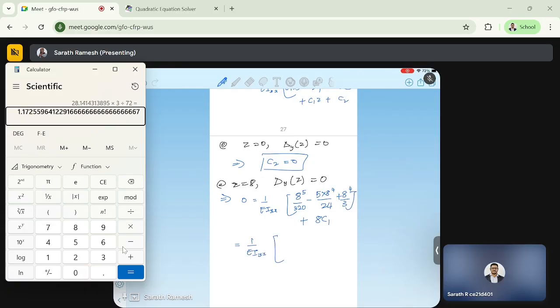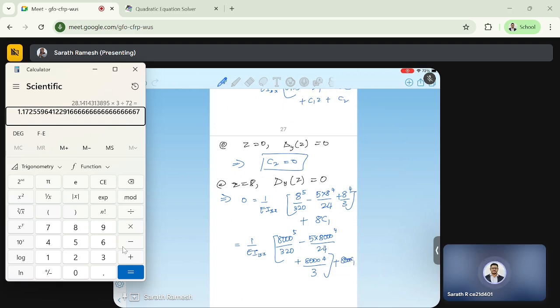EI xx: 8000 power 5 by 320 minus 5 into 8000 power 4 by 24 plus 8000 power 4 by 3 plus 8000 C1.